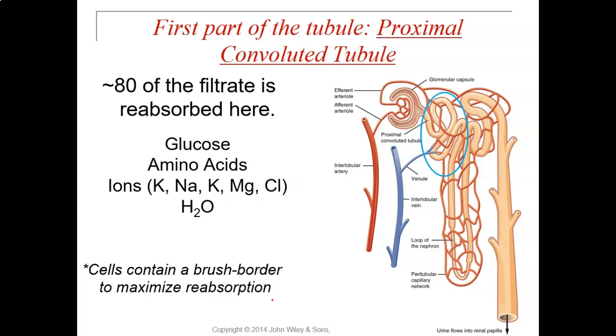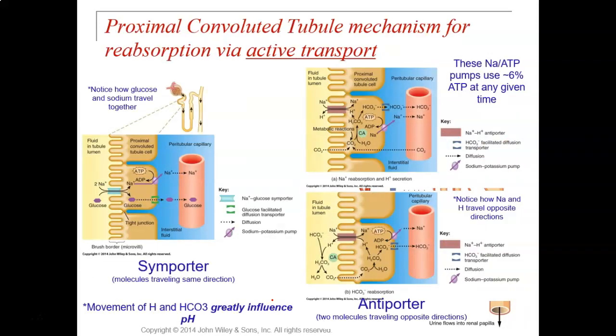Remember, one of the things that we are going to take a look at is right here. This is just a general view of what takes place along the proximal convoluted tubule, because so much reabsorption takes place.